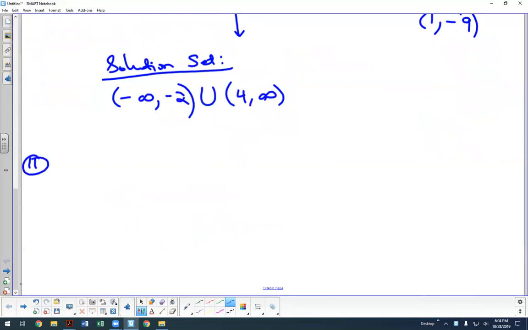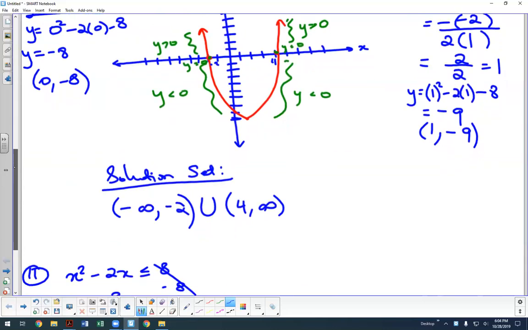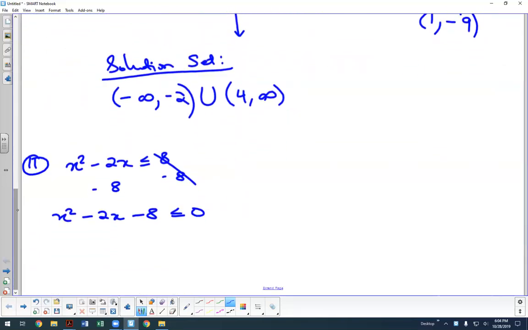They're giving you x squared minus 2x less than or equal to 8. Same thing, bring the 8 over to the left-hand side. And then use the same graph to try and see what your interval notation should be.